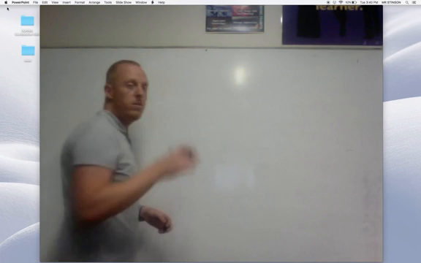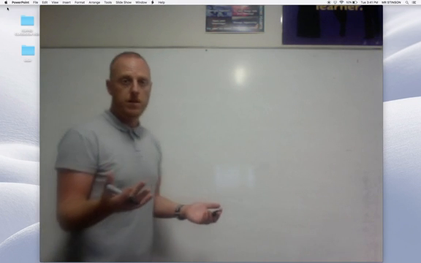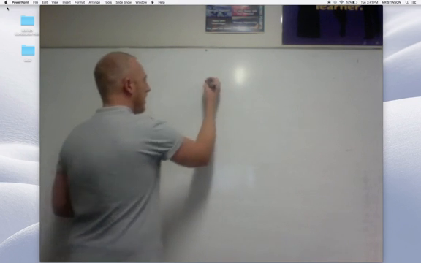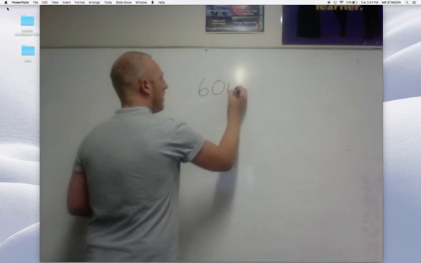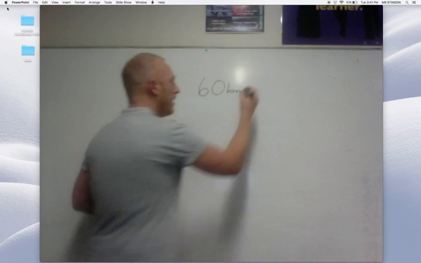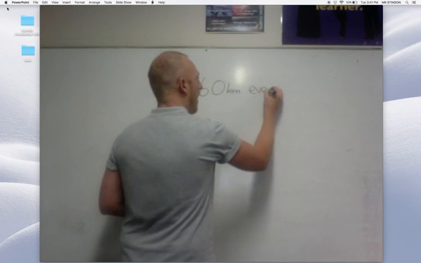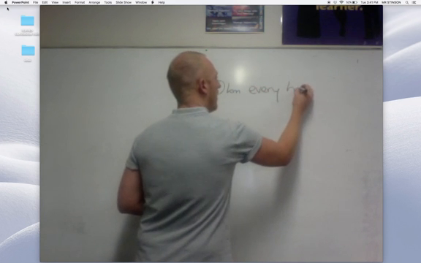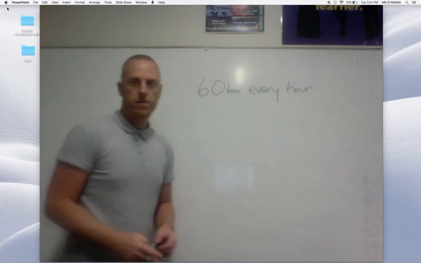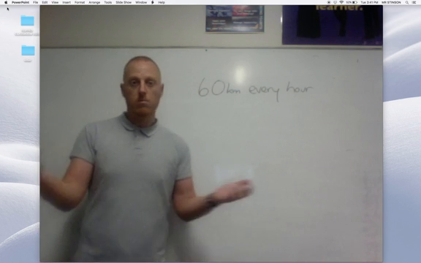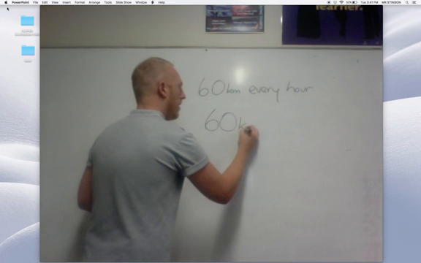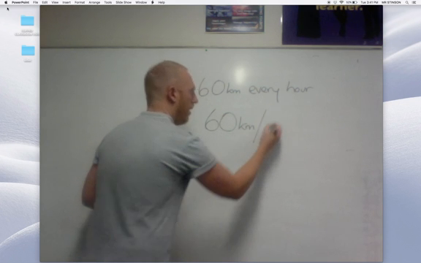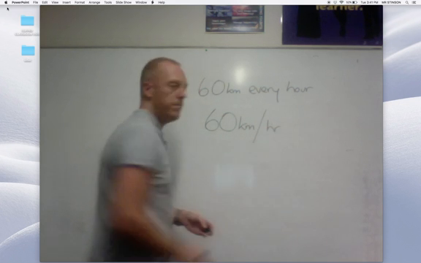A good example of a rate question is a driving question. So say Mr. Stinson is travelling 60 kilometres every hour. Now firstly, as a rate, we would write this as 60 kilometres per hour.